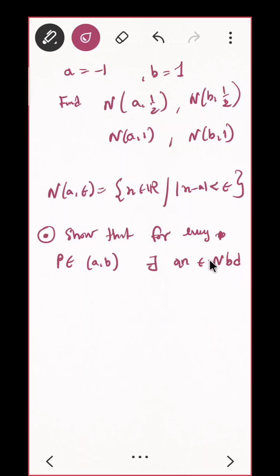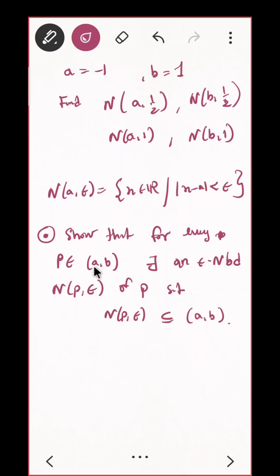I will write NBD as shortcut. I hope you can understand. Epsilon neighborhood, that is N of p epsilon of p such that N of p epsilon is contained in AB.